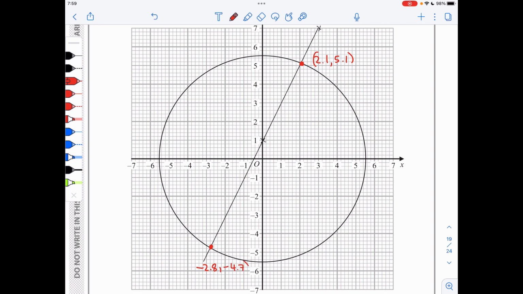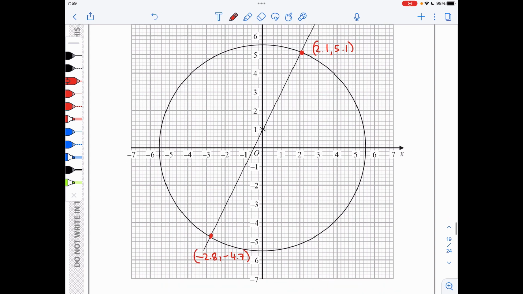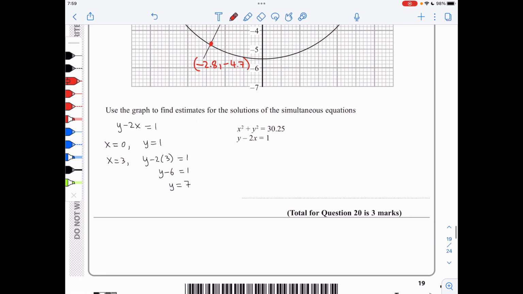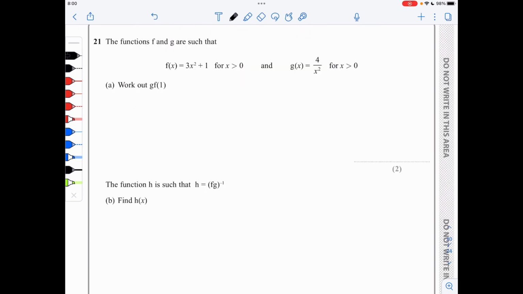So these are the 2 points of intersection. So as my final answer, I would say x is 2.1, comma, y is 5.1, or x is minus 2.8, y is minus 4.7.